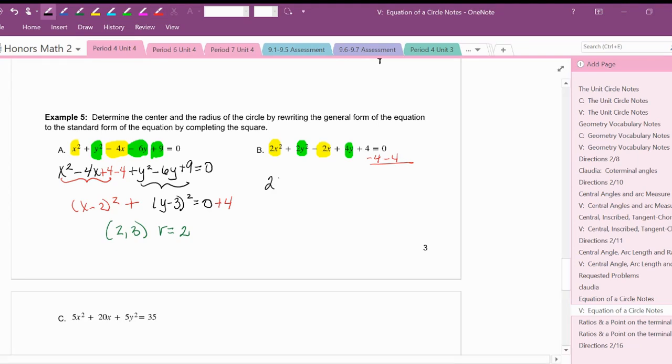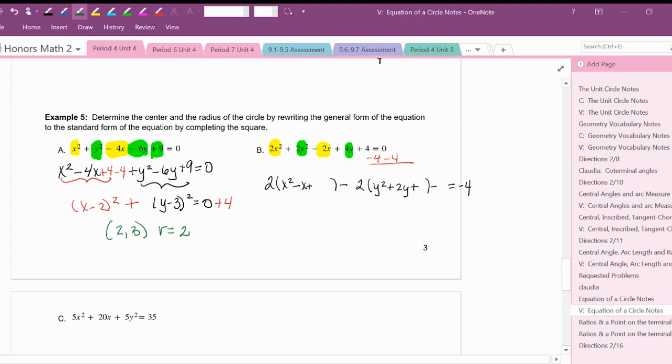All right, so I'll have 2x squared minus an x, and then I'm going to leave space to complete the square and then subtract off what I added for that. And then I would have 2y squared plus 2y. So I'm dividing that by 2. Leave a space for completing the square and subtracting whatever I added equals negative 4.